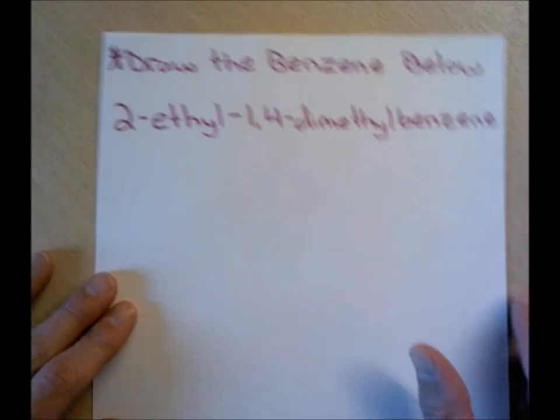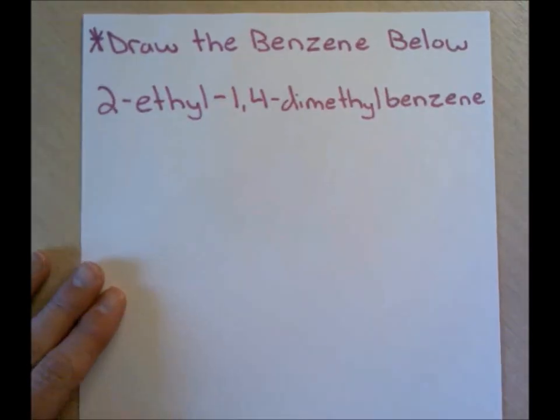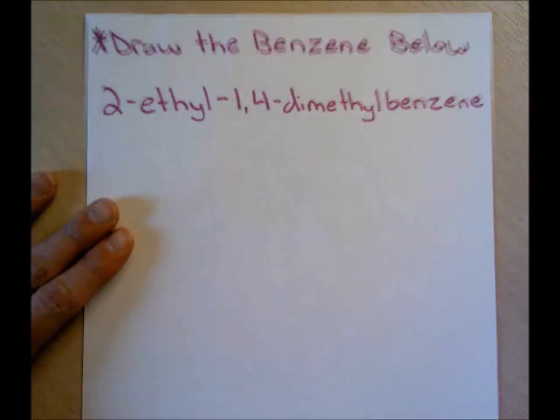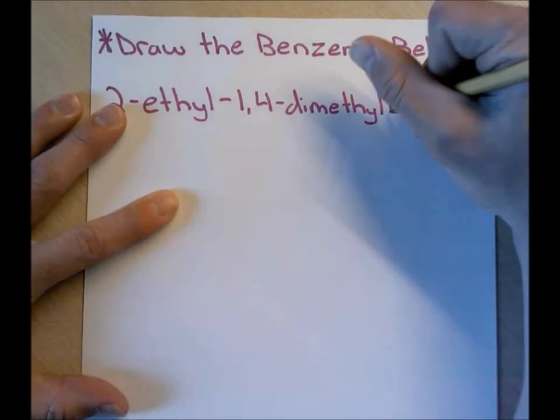So I gave you the structure and I said come up with the name. This time we are going to go in reverse. Right here we have the compound that is 2-ethyl-1,4-dimethylbenzene. The first thing that you need to do is identify the longest chain carbon.